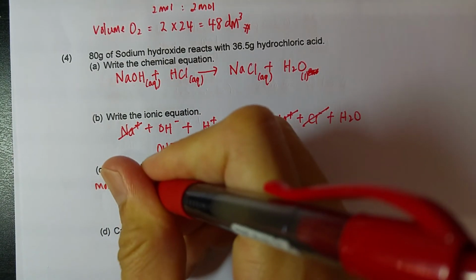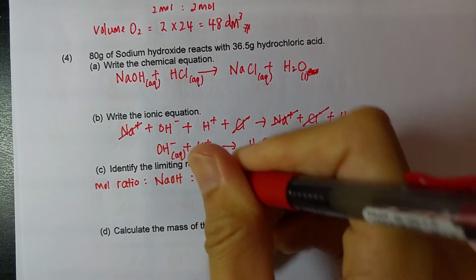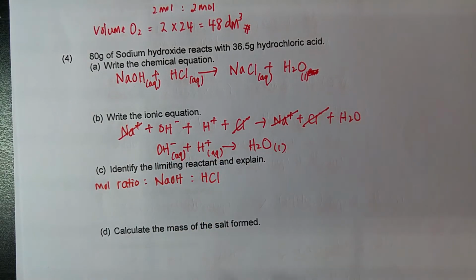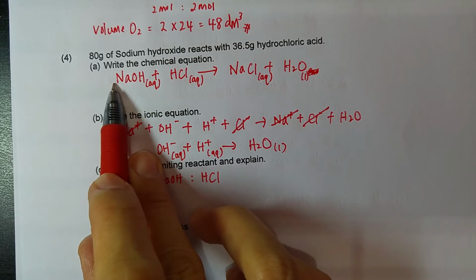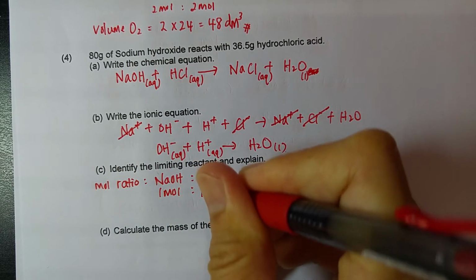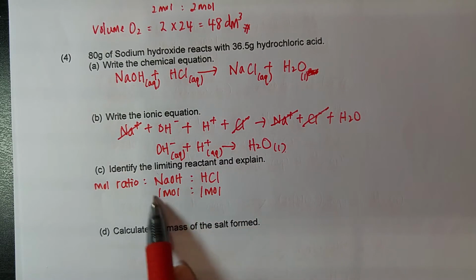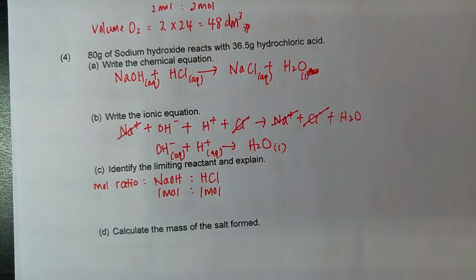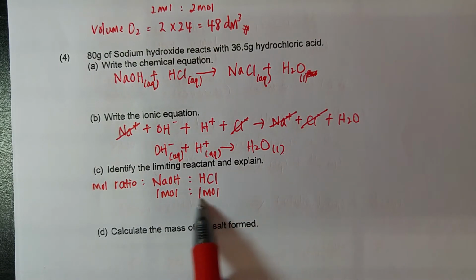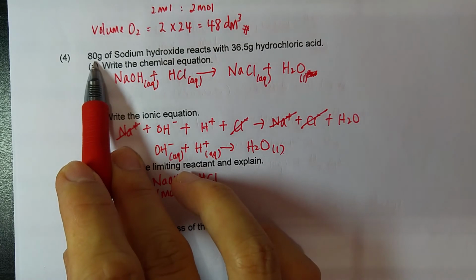What is the mole ratio between sodium hydroxide and HCl? Based on the balanced chemical equation, it is 1 mole to 1 mole. The first row of the mole ratio will always be based on the balanced chemical equation. The second row of the mole ratio is always based on the information given in the question.